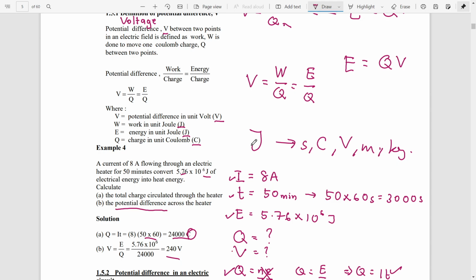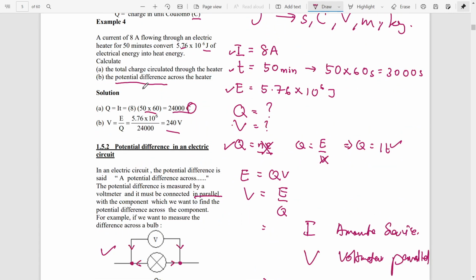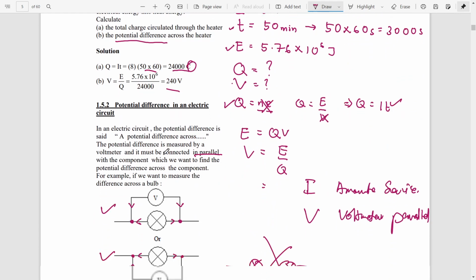Nama dia potential difference, tapi simbol dia masih V, sama macam voltage. Also for volt, the unit is V, capital V. And then we looked into a few examples involving all of the physical quantities that we had learned.